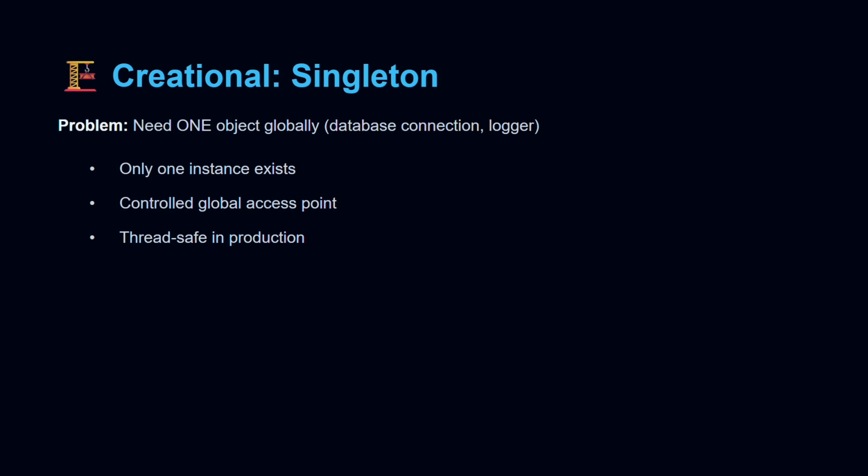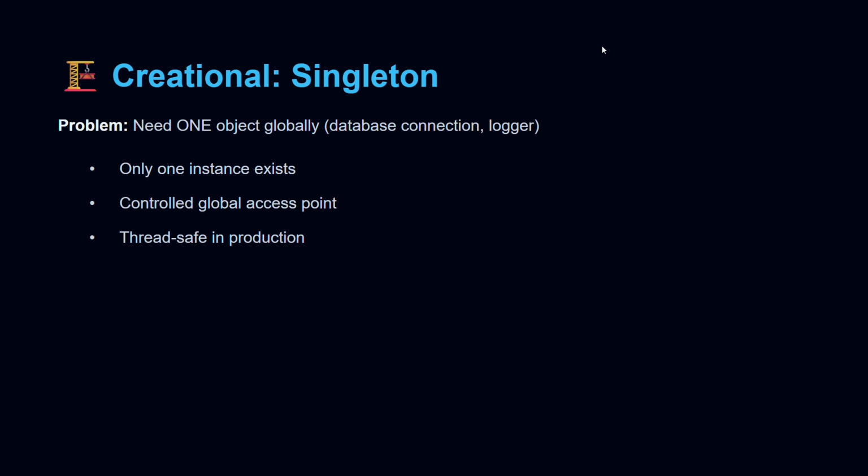So Singleton ensures only one instance exists and provides a controlled global access point. It must be thread safe in production environments. A real time example is the database connectivity in Java. We connect using JDBC in Java, so it is the best example for creational patterns.